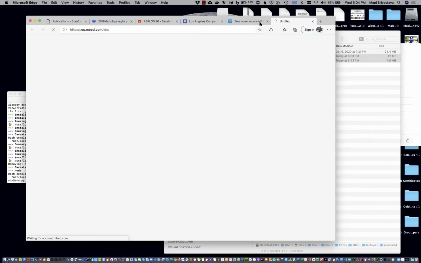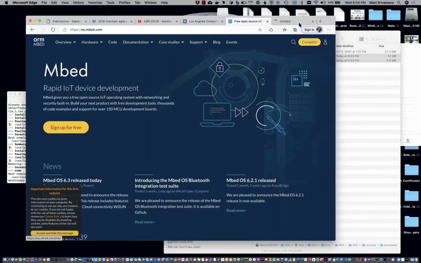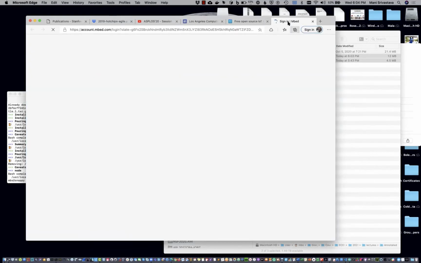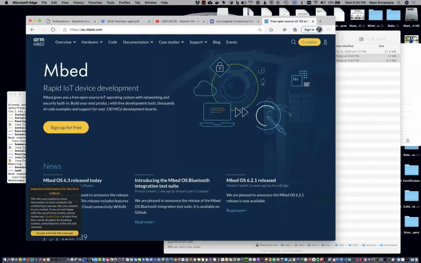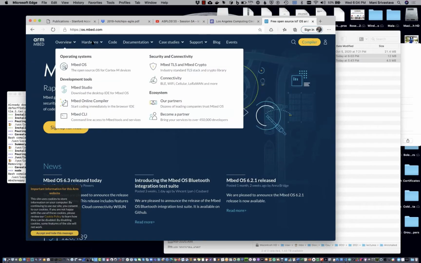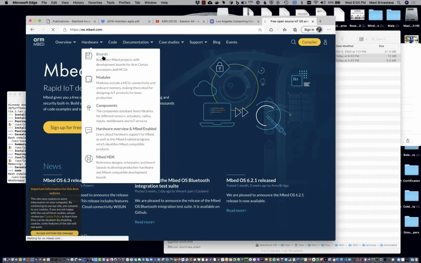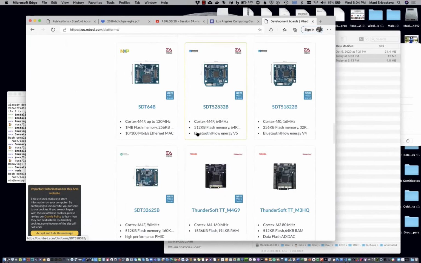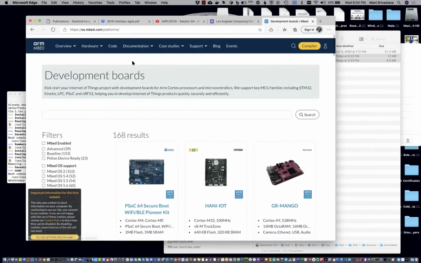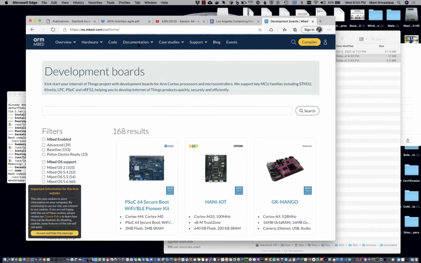So if you notice on the top right, there was this compiler button, and, okay, I'm not going to log in, but it lets you basically go onto the IDE and all. But very importantly, it has a very rich ecosystem of hardware around it. So there are all these zillions of boards which support this Mbed OS.